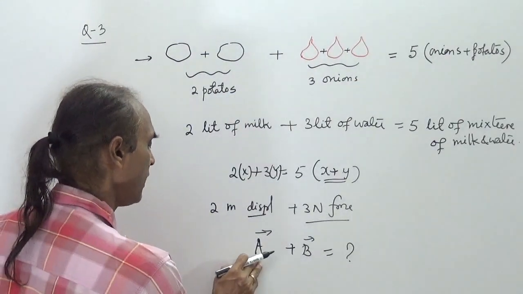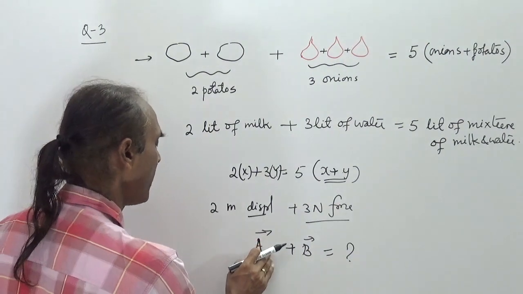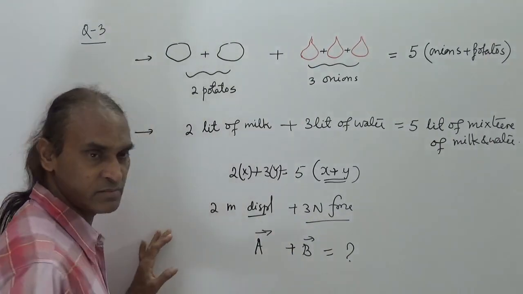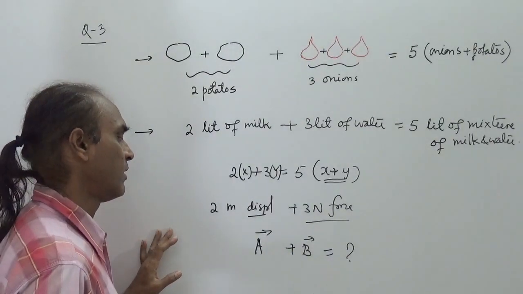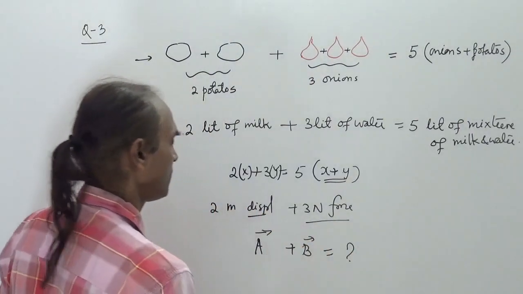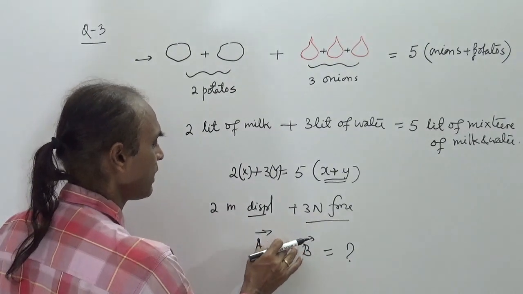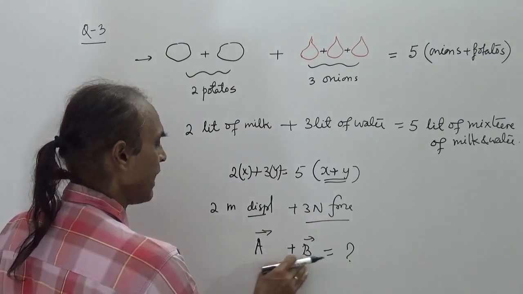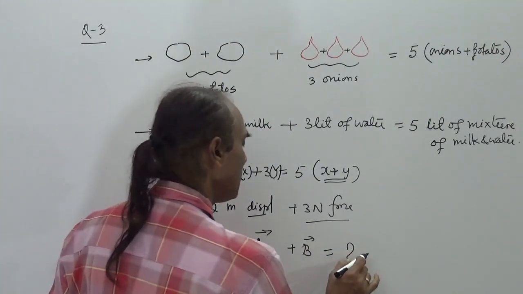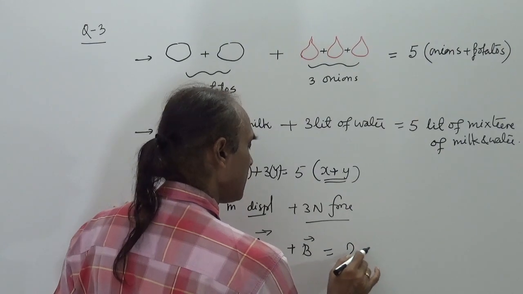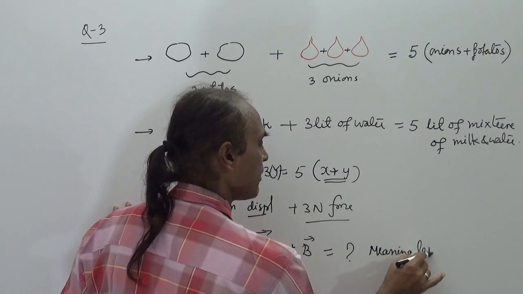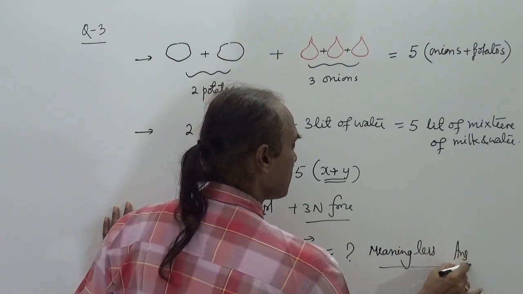So A vector plus B vector, when these 2 vectors do not belong to a particular type of vector, when you add or subtract them, it doesn't make any sense. So A plus B is meaningless. This is the answer.